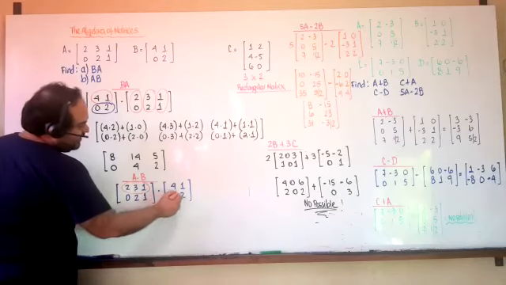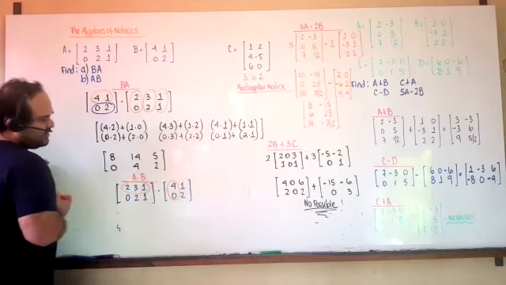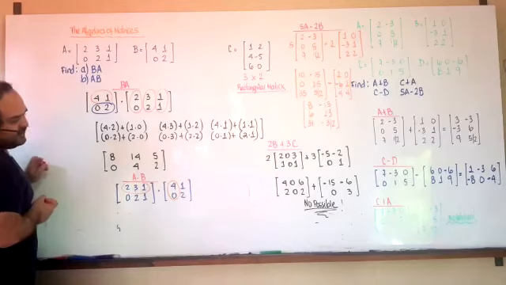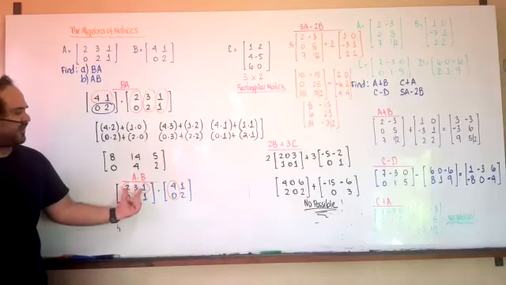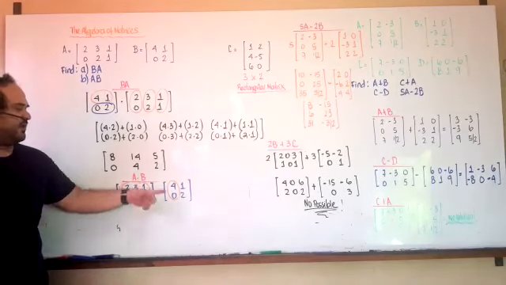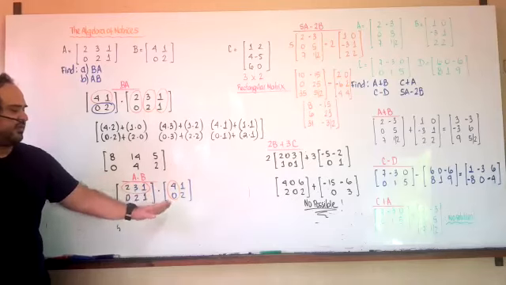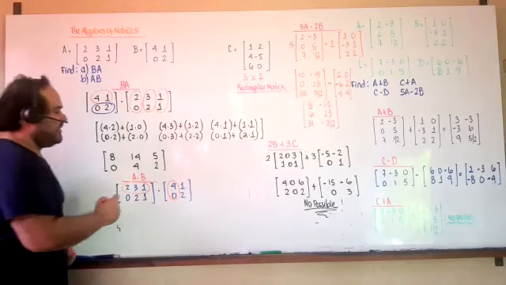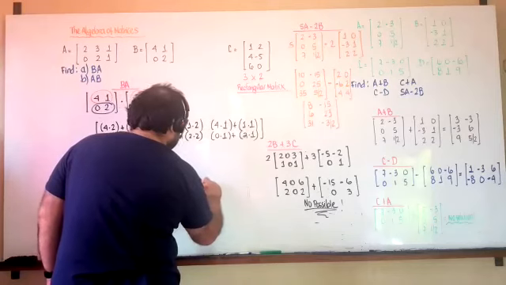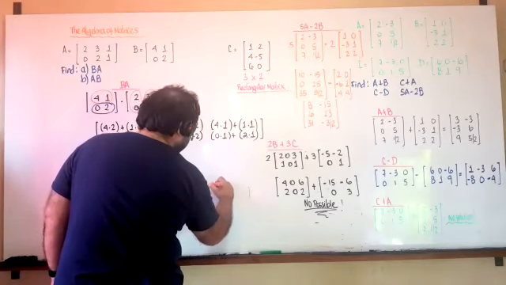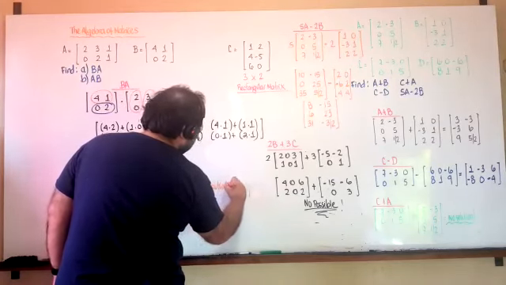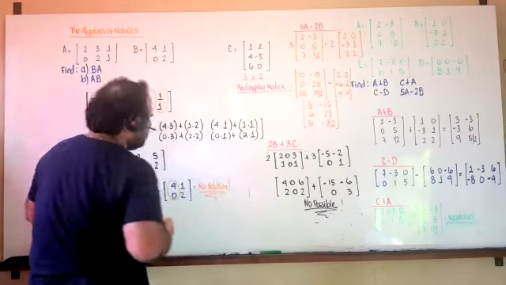But here we have only 2. What happens in this case? Simple, because they are not matching, the quantity of numbers in the first row with the quantity of numbers in the first column. That means no solution.